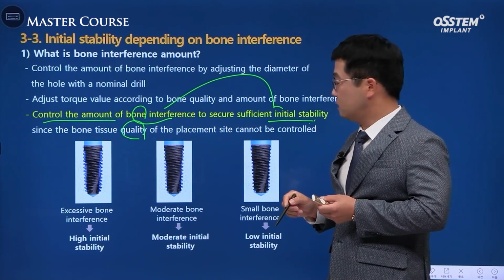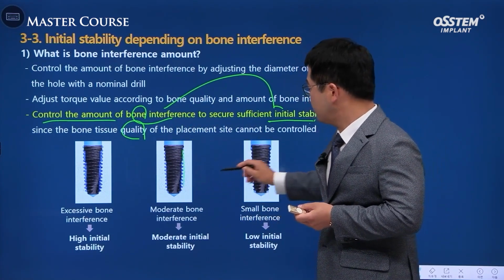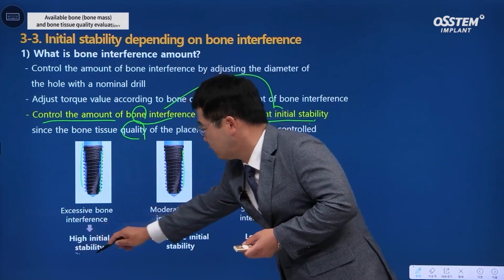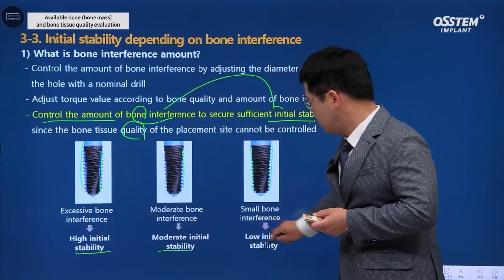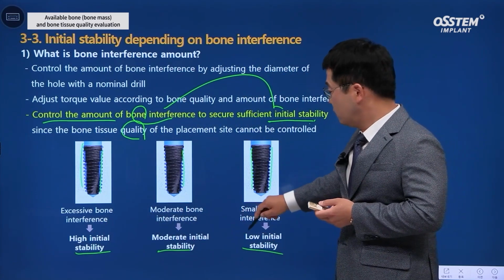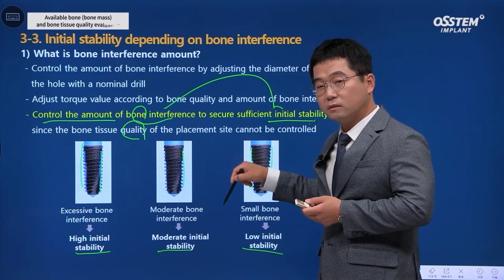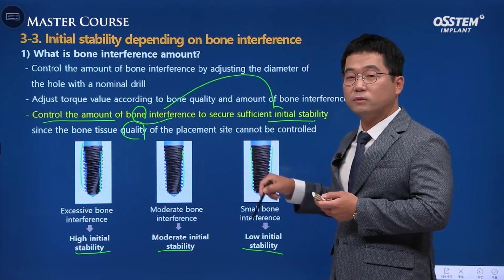The amount of bone interference leads to the amount of primary stability. By adjusting bone interference, we can get good primary stability. That is the goal.